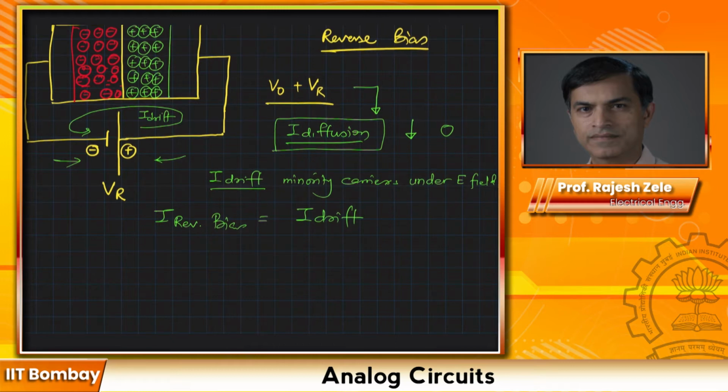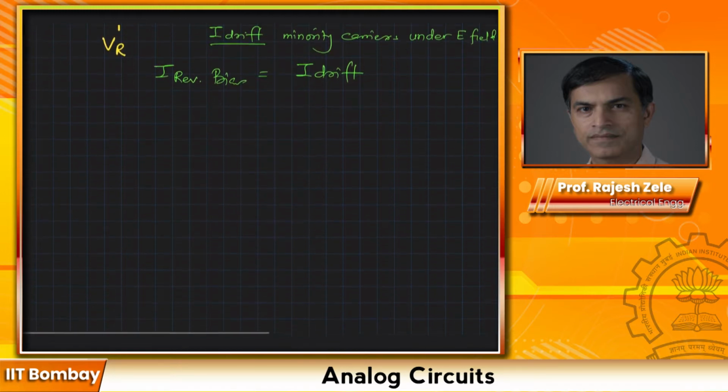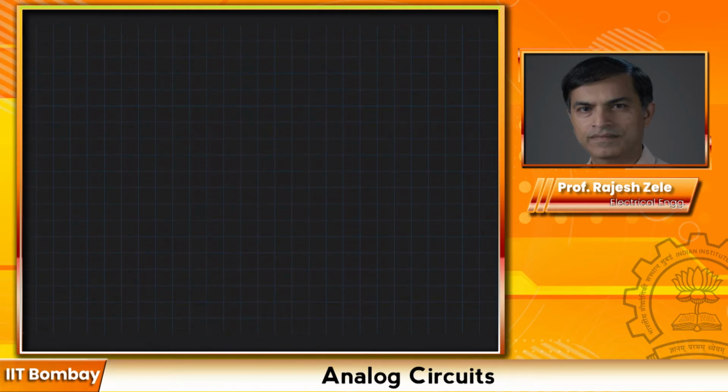Okay, so now we will go to the most interesting use of the diode, which would be PN junction under forward bias.